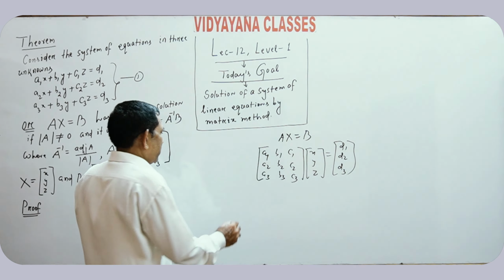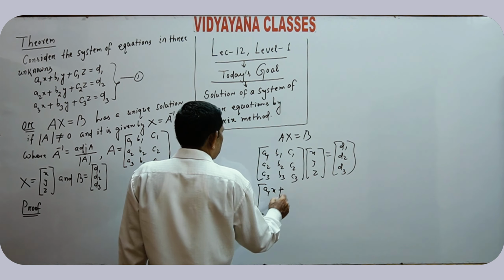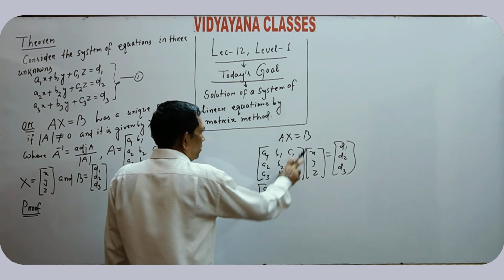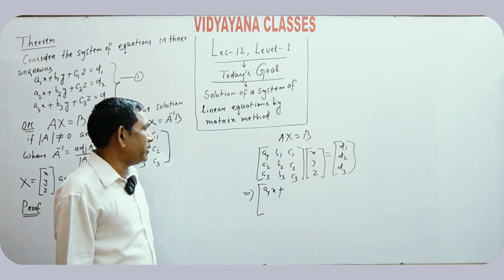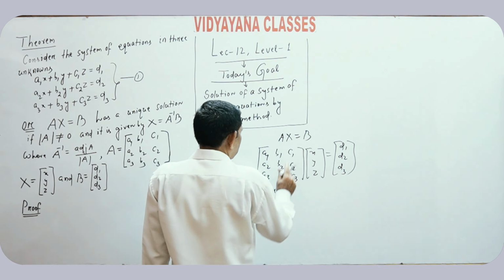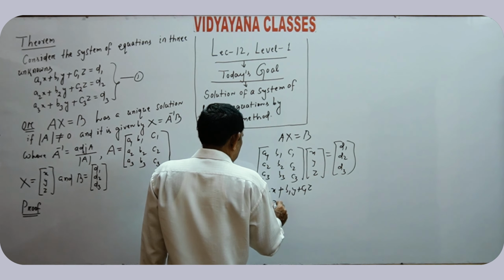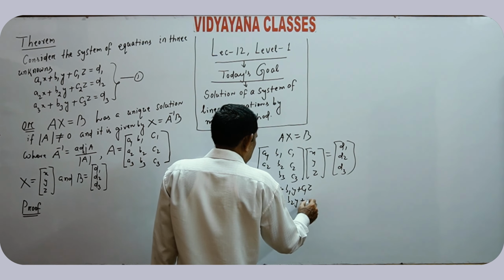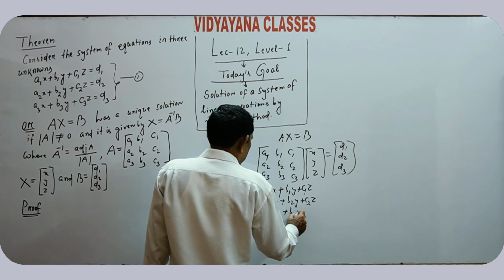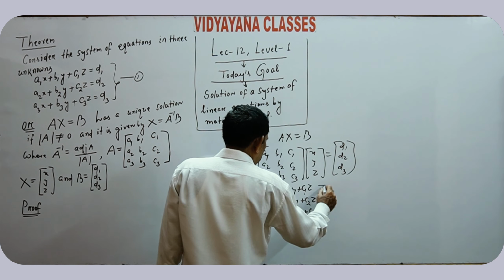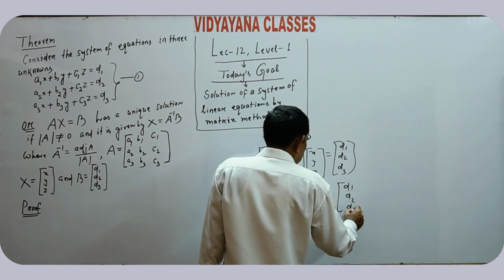By the matrix multiplication, it gives a1x: go through row 1, come down in column 1, multiply the corresponding elements and add them. a1x plus b1y plus c1z, a2x plus b2y plus c2z, a3x plus b3y plus c3z is equal to d1, d2, d3.